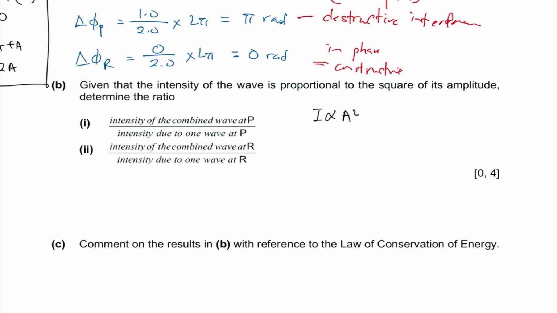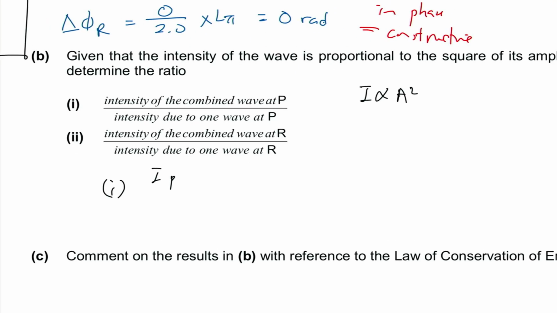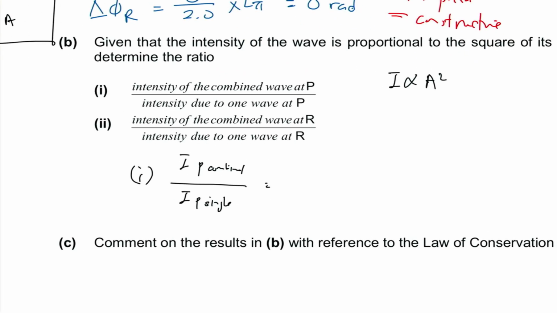We're supposed to find the first one: I at P combined over I at P single. So I'll find AP combined over AP single, and then square both terms.